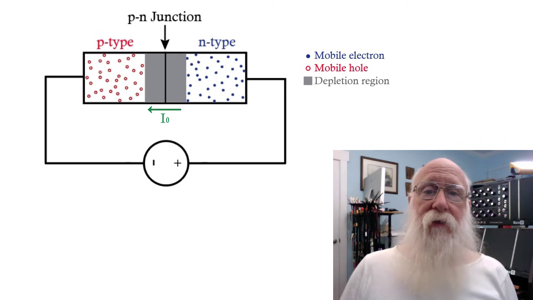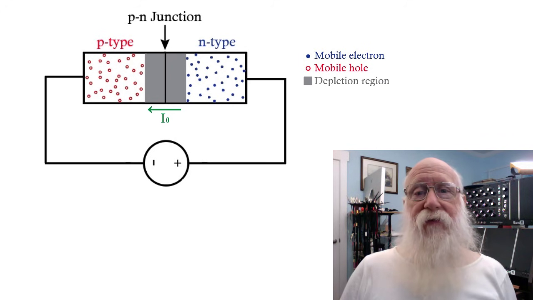There are two primary things that can increase that current. One is called Zener breakdown, which typically happens below about 5 volts, and this involves tunneling of electrons, and this is not the type of breakdown we're concerned with here. The other effect is called avalanche breakdown, and this typically occurs above 5 volts.